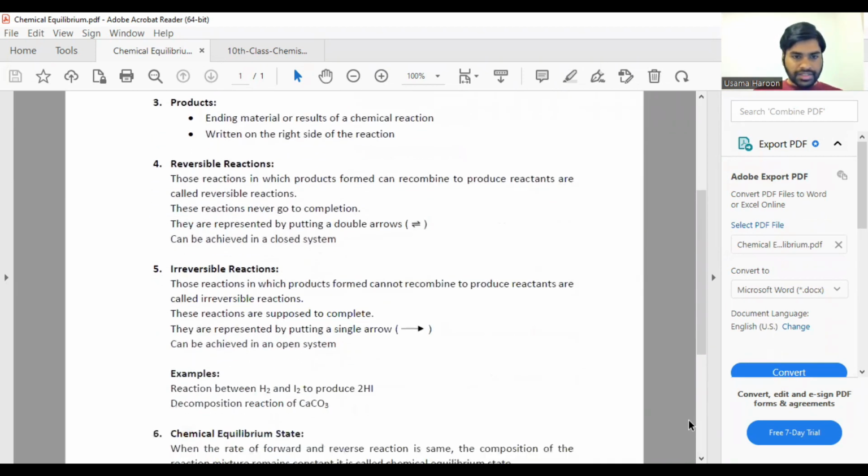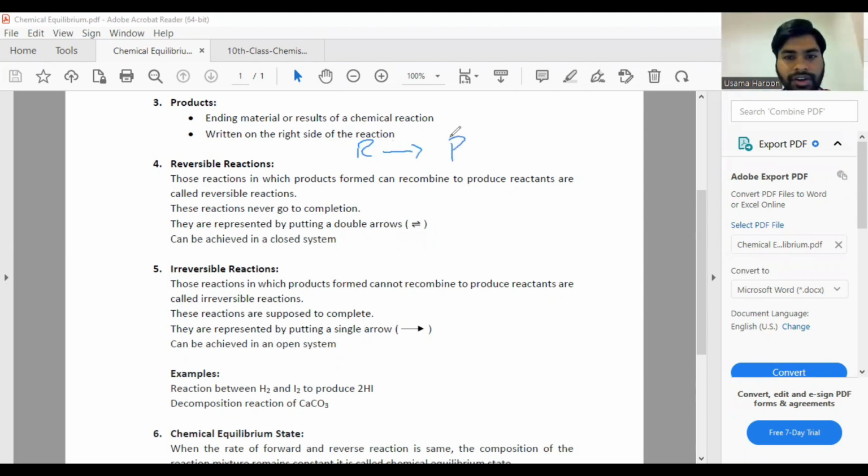So let's say, what is a reversible reaction? Again, let me start with the annotations. Reversible reactions are those reactions in which the products formed can recombine to produce reactants. If you remember, I have written a reaction in which the reactants are being converted into products.